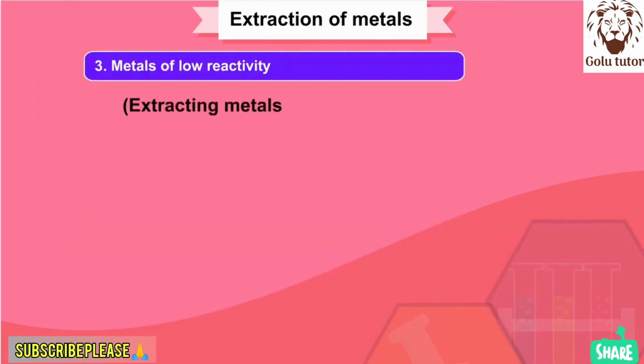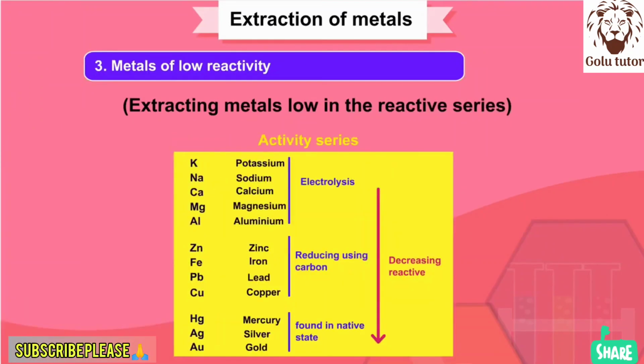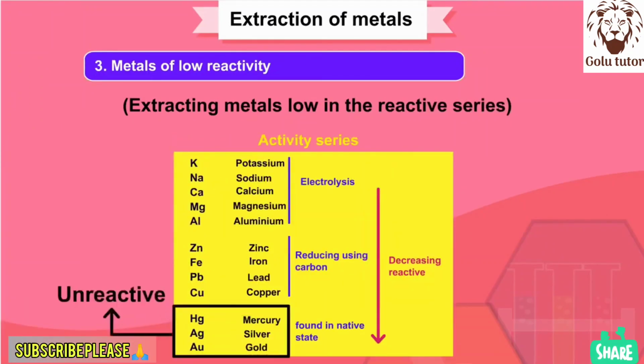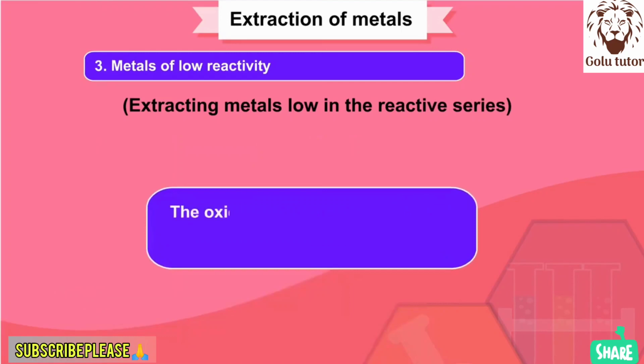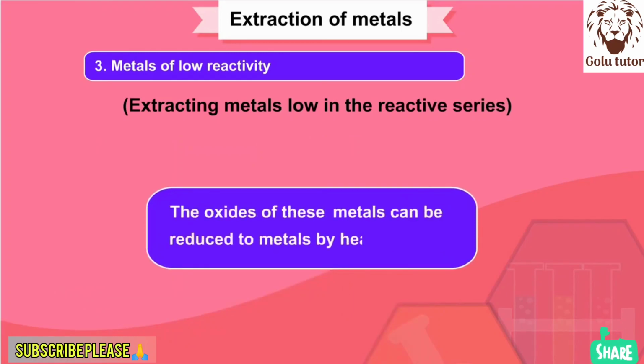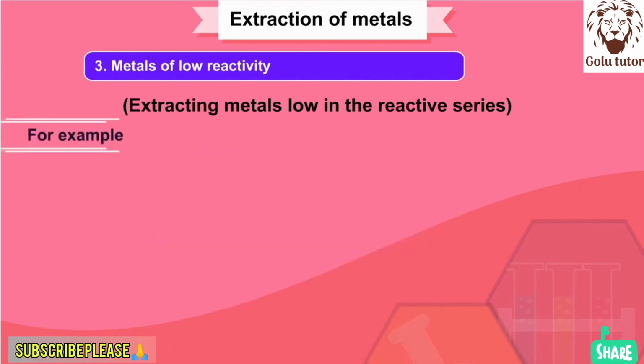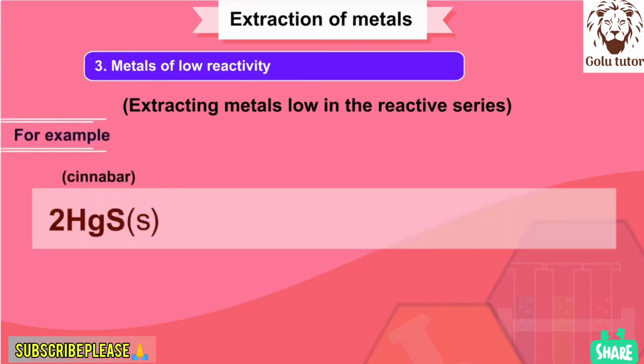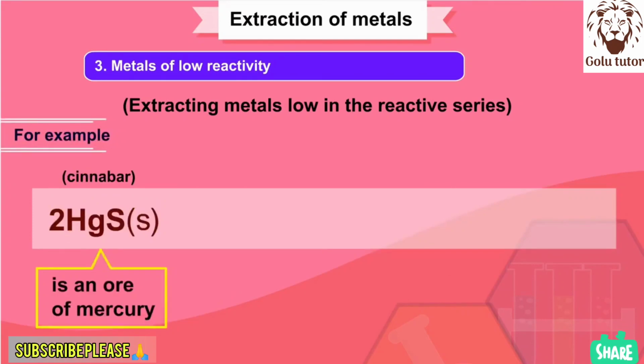Extracting metals low in the reactive series. Metals low in the activity series are very unreactive. The oxides of these metals can be reduced to metals by heating alone. For example, cinnabar, HgS, is an ore of mercury.